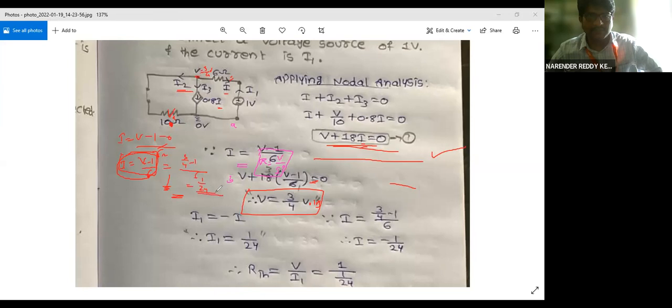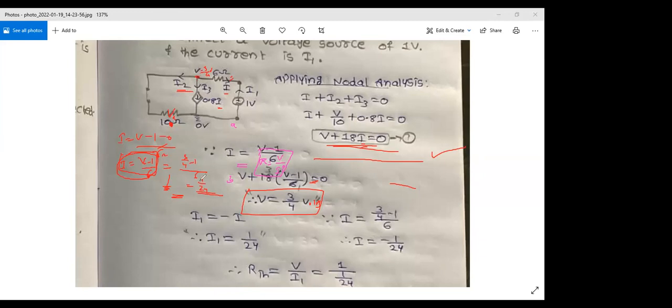Is that okay? Yeah, you're going to get minus here, right? Minus 1 by 24. So the magnitude I get here is I equal to minus 1 by 24, right? So what's the value of I which I'm sending into the circuit now?